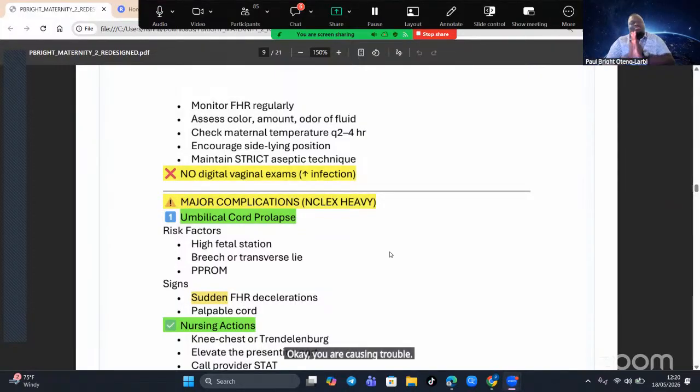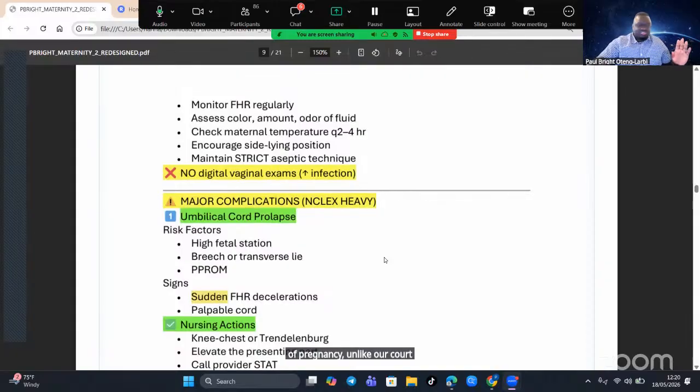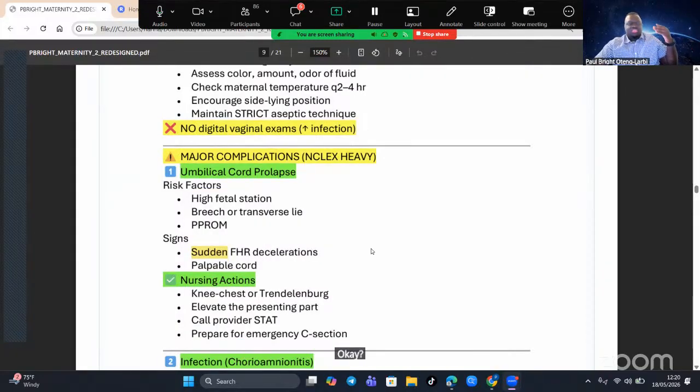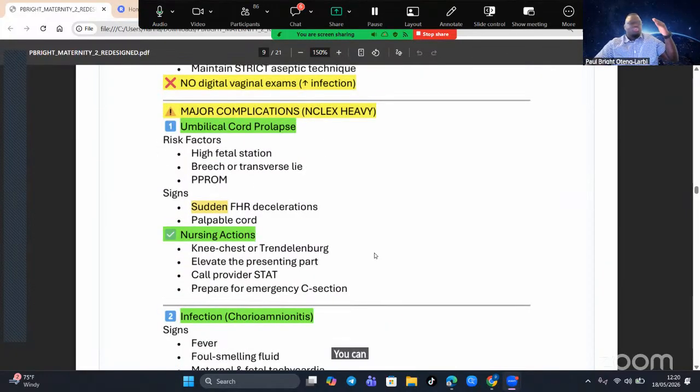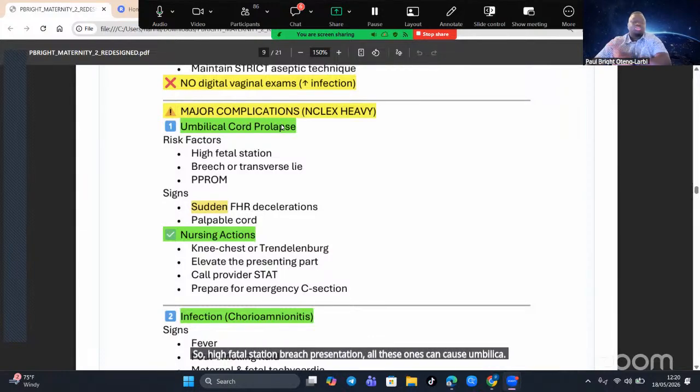Okay, so what are the major complications of ruptured membranes? Umbilical cord prolapse, we know this. So high fetal station, breech presentation, all these ones can cause umbilical cord prolapse. Okay, so signs and symptoms: fetal heart rate is going to get decelerations.